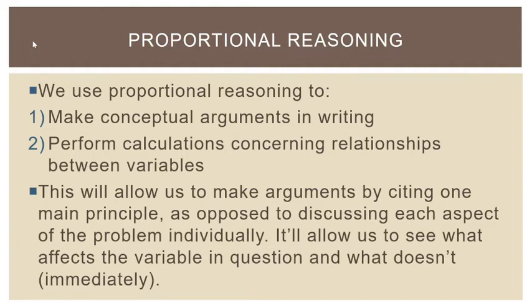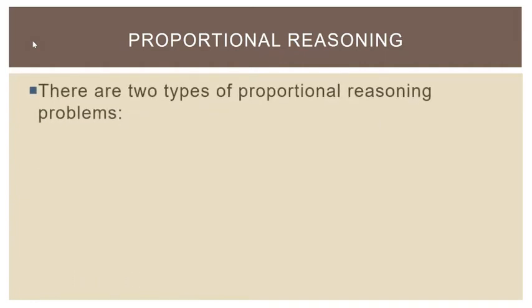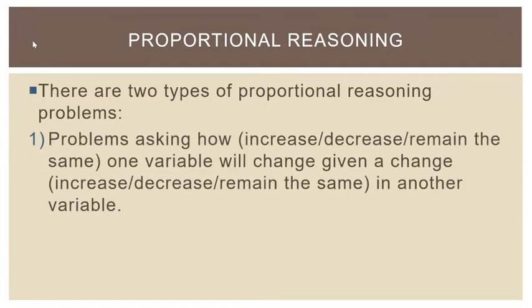So the first thing we'll say here is that there are two types of proportional reasoning problems. The first kind is problems that are asking how one variable will change given a change in another variable.